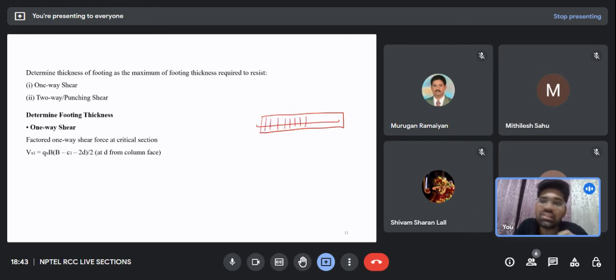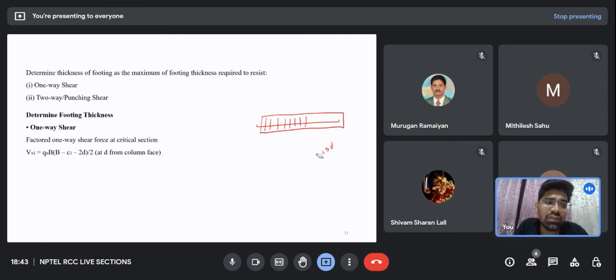So now in footings we would not be providing any stirrups. So that was the reason: the shear force which was acting on the beam was VUS minus tau C BD, because tau C BD was the additional shear resistance which was provided by the concrete.